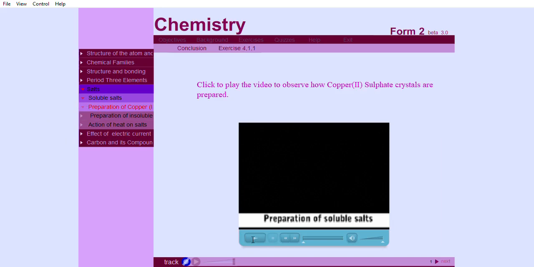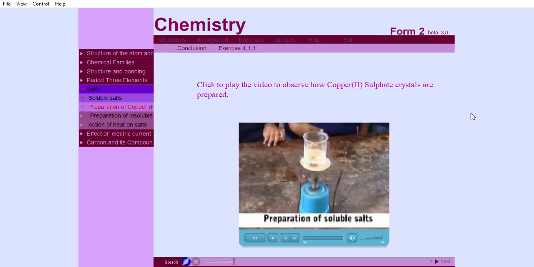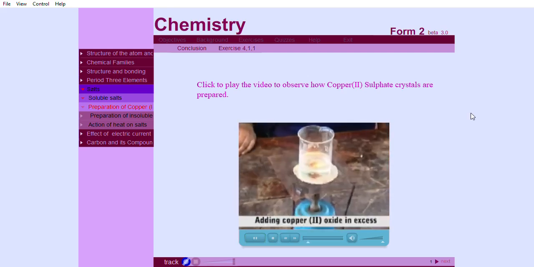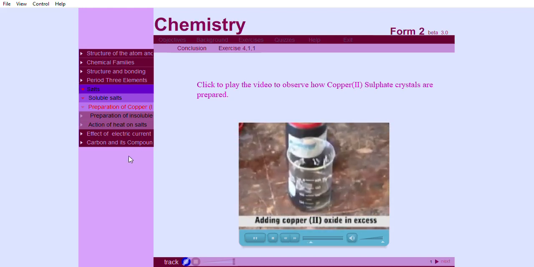Click to play the video to observe how copper-2 sulfate crystals are prepared. 50 cm cubed of dilute sulfuric acid is poured into a beaker and the acid is warmed. Copper-2 oxide is added in excess.